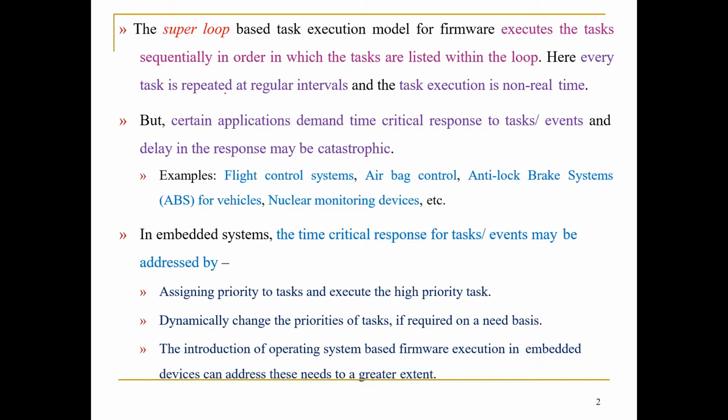Here, every task is repeated at regular intervals and the task execution is non-real-time. For example, let us say you have written a program with some tasks to be performed. Let's say there are 5 tasks: task 1, task 2, task 3, task 4 and task 5. You have created a main task, and inside the main task you have placed all these subtasks.